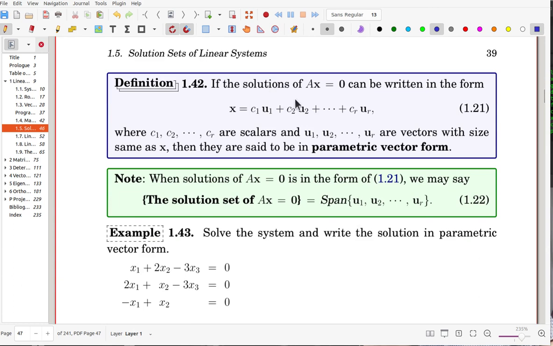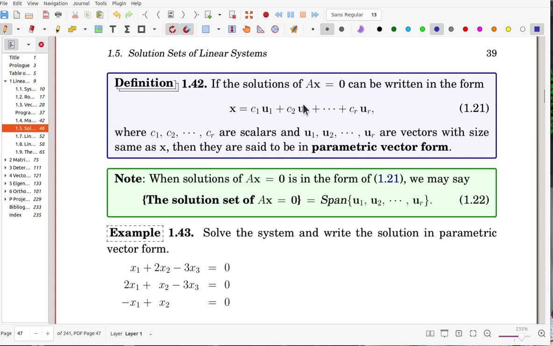If the solutions of AX equals 0 for a homogeneous system can be written in this form, a linear combination of r vectors, where c1 to cr are scalars and u1 to ur are vectors of the same size as X, then they are said to be in parametric vector form.